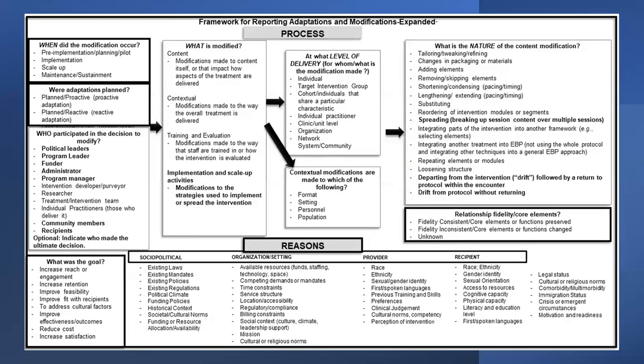So while reviewing the transcripts from the interviews at these 5 sites, the authors used a template that outlined the domains of the expanded framework for reporting adaptations and modifications, or the FRAME, which I think a lot of you are probably familiar with. And they used this as a guide to apply constructs that represented the process and reasons for the fidelity inconsistent adaptation.